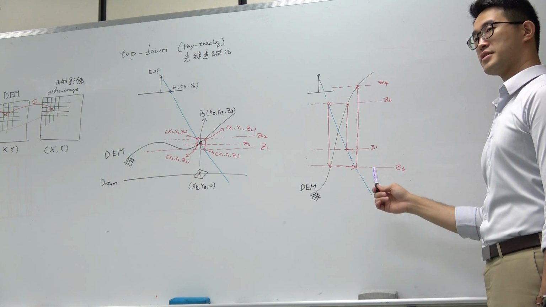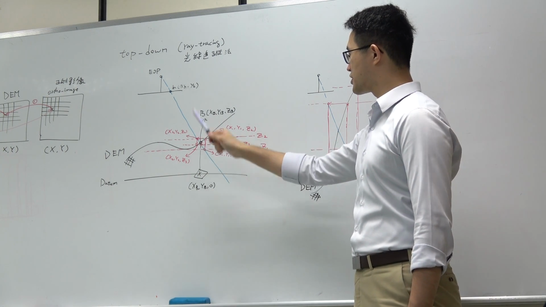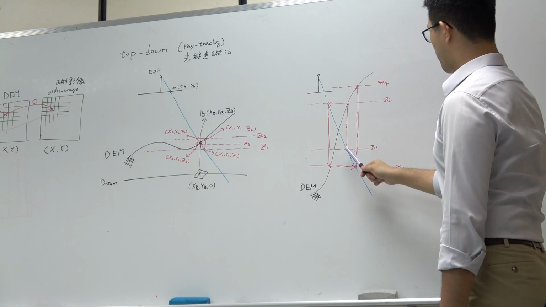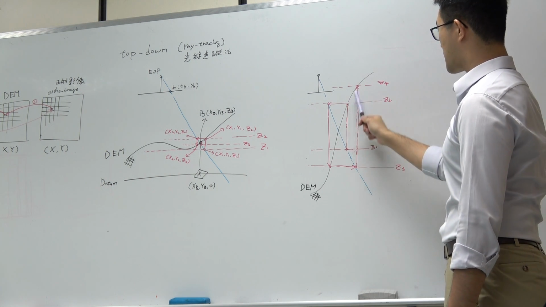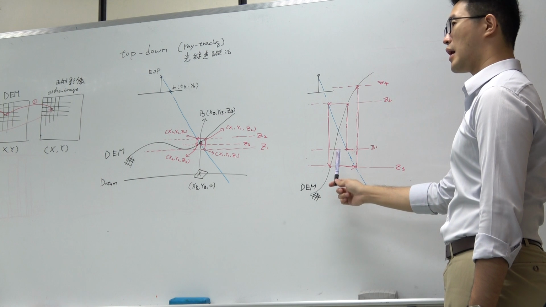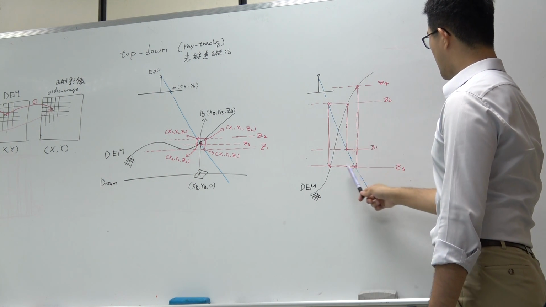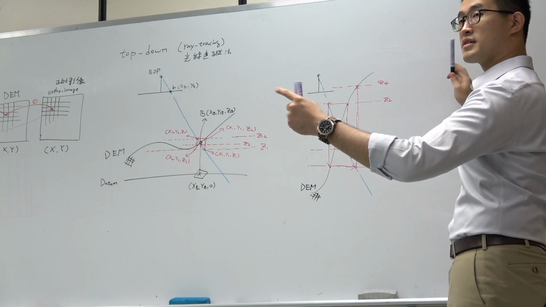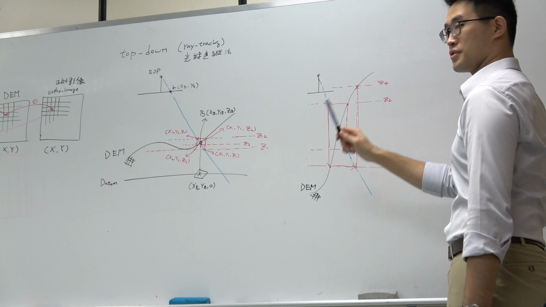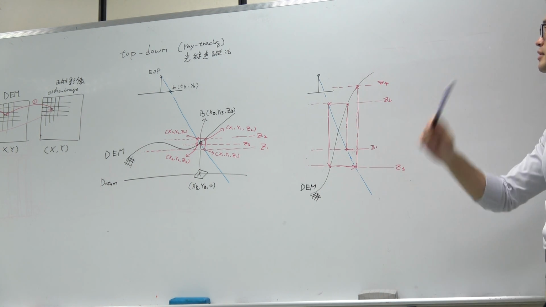As you can see, these will gradually converge to the center. But for this one, if your first guess Z1 is over here, then because the terrain is too steep, it's gradually going out instead of converging to the center. So that's the limitation of the ray tracing.